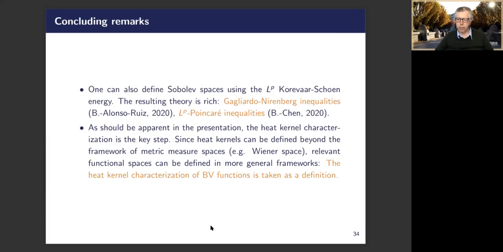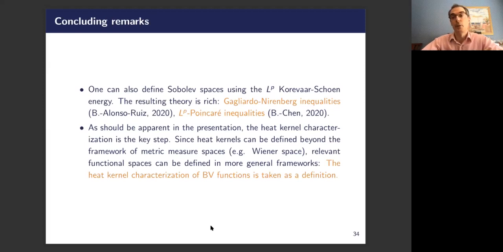There is a question here on the chat that says, do you know the optimizers for your isoperimetric inequality? No, in general, no. It's a very difficult question, actually, which is separate from the problems I've been discussing in the talk. For instance, in the context of even the three-dimensional Heisenberg group, the question is still open today about what are really the extremals for the isoperimetric inequality.